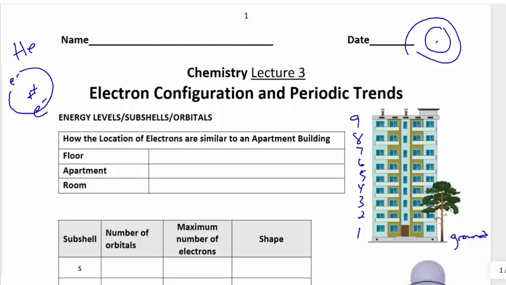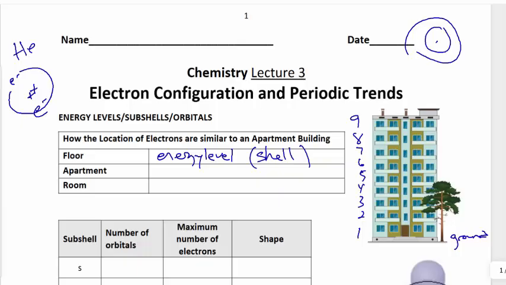The floor would be similar to the energy level. And so we use numbers for the energy level. We might say energy level 1, 2, 3, or 4, just like we would say floors in an apartment building. Another word we could use for energy level is a shell. So it's kind of like a three-dimensional ring.